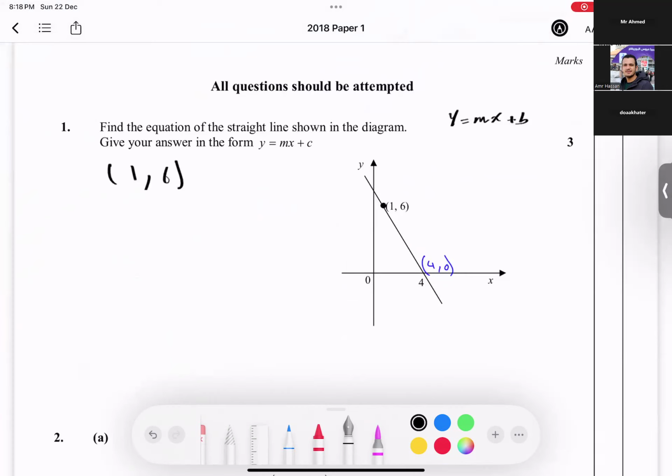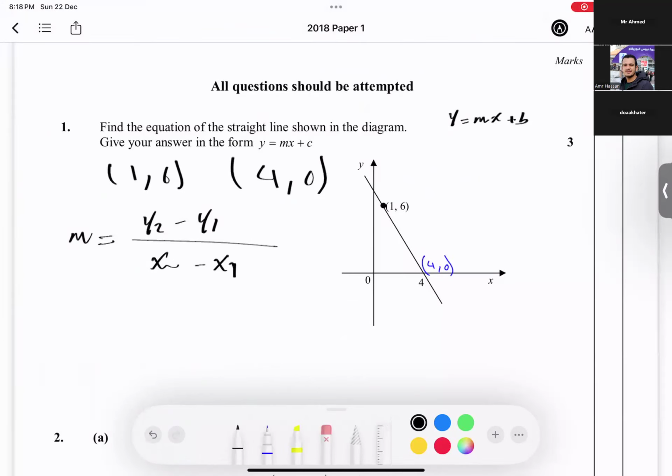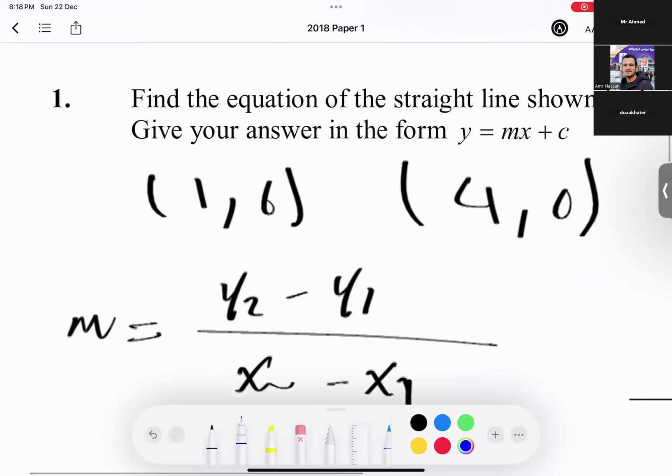And what about the other one? It's 4 and 0, right? So what is the slope? y2 minus y1 over x2 minus x1. So this one you could write just like x1, y1, and this one is x2, y2.